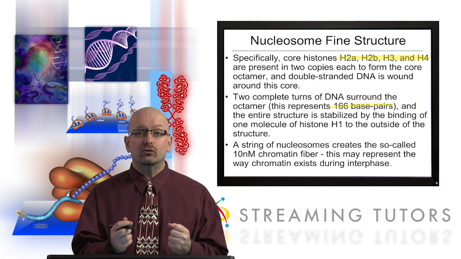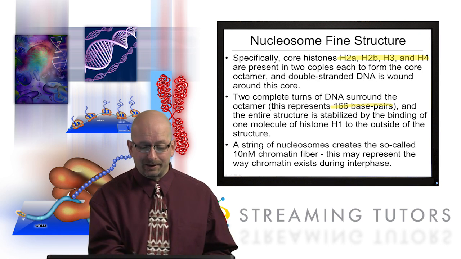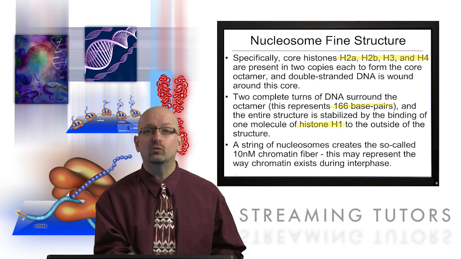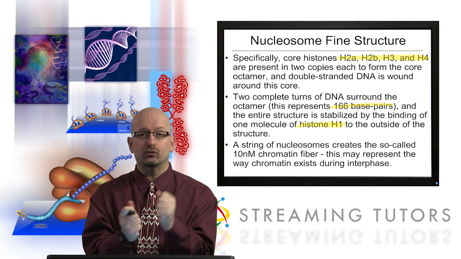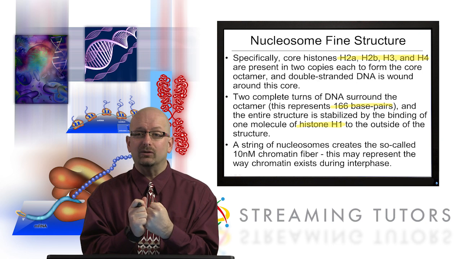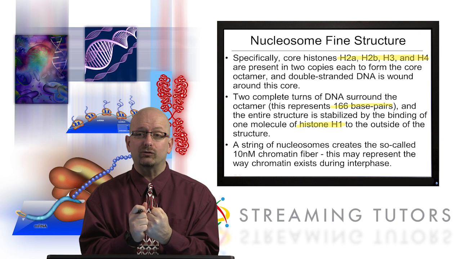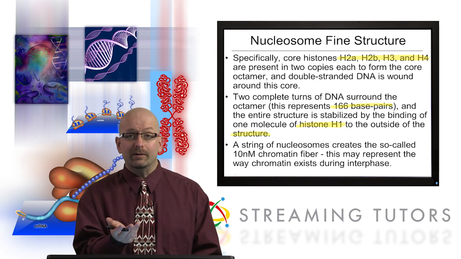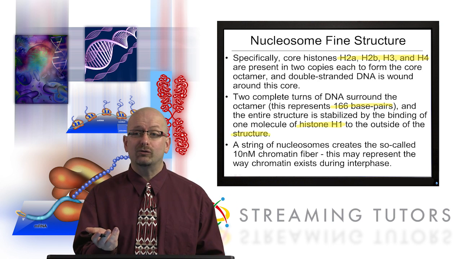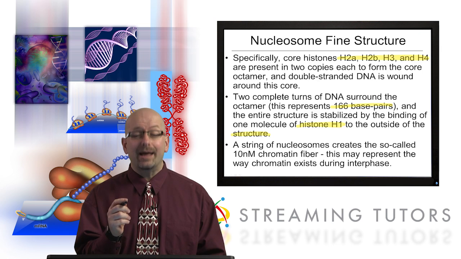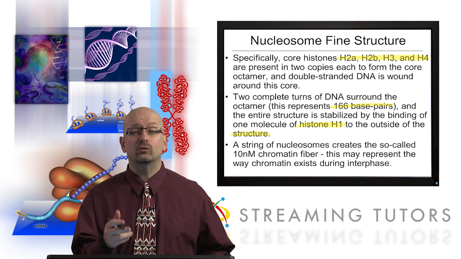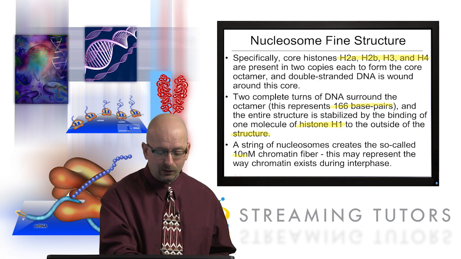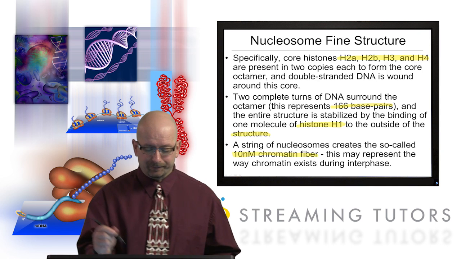And then the entire structure is stabilized by the binding of 1 molecule of H1. H1 is the stabilizer that sort of gets this whole thing to stay together in a reasonable fashion to the outside of the structure. So a string of these nucleosomes, and you can actually measure it, is about 10 nanometers in width and creates what's called the 10 nanometer chromatin fiber.